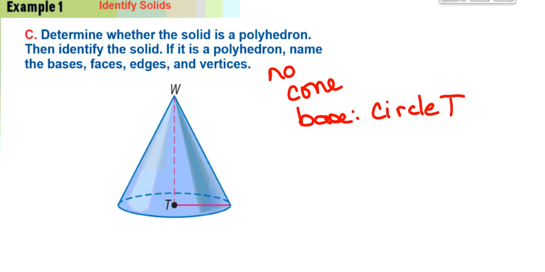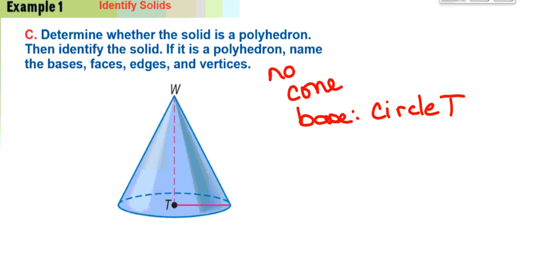T, capital T, and it has no other faces, and really these aren't faces because it's a flat surface, but it's not a polygon. And edges, it really doesn't have edges. It looks like it has edges, but since it's three-dimensional, it does not. It does have a vertex.